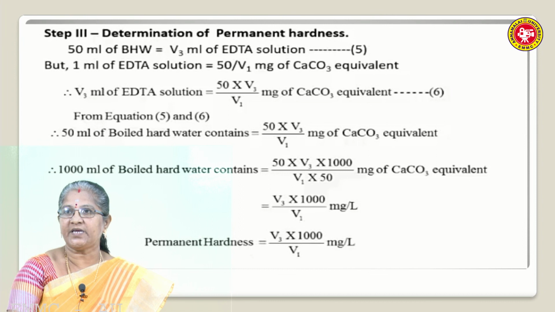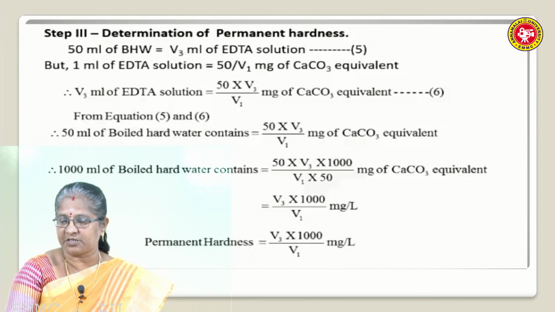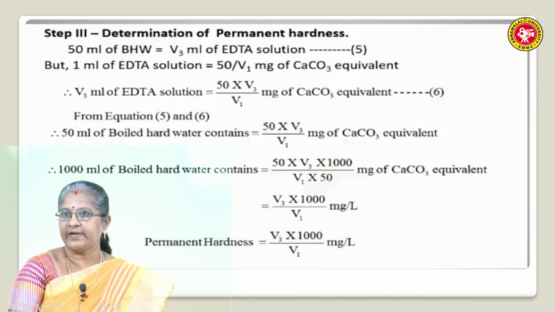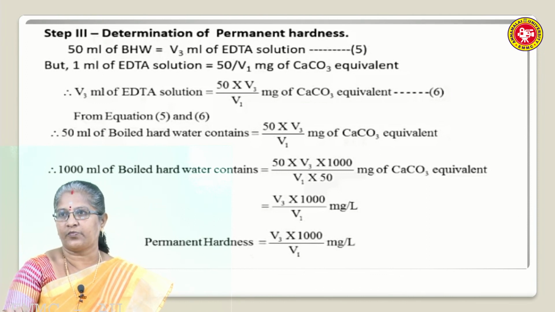Therefore, V3 ml of EDTA solution from titration 3 will be equal to 50 into V3 by V1 milligrams of calcium carbonate equivalents. From equations 5 and 6, we have concluded that 50 ml of boiled hard water contains 50 into V3 by V1 milligrams of calcium carbonate equivalent.